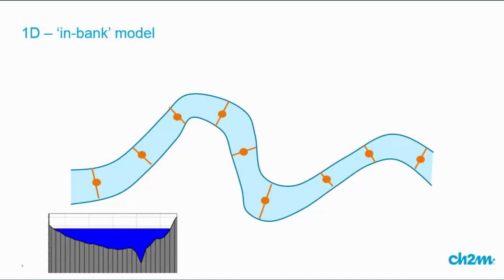Then we identify that as a node, and those filled-in circles on the screen are the nodes that have got data on the cross-section. And there's a little picture at the bottom left showing what a cross-section of a river would look like. So that would be an in-bank 1D model where the only information it's got on the river are the cross-sections at those points and the distance between those cross-sections. That's a standard traditional 1D model of a river.